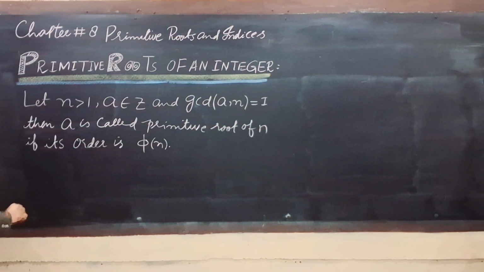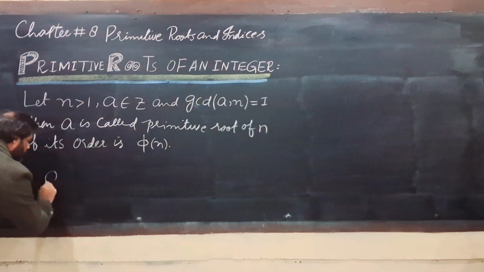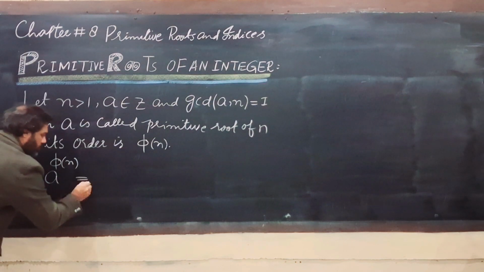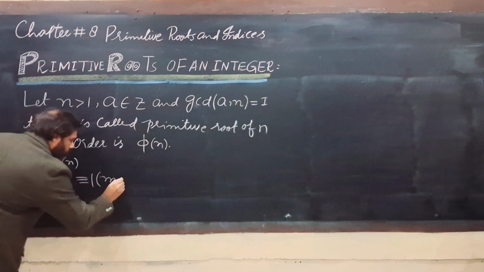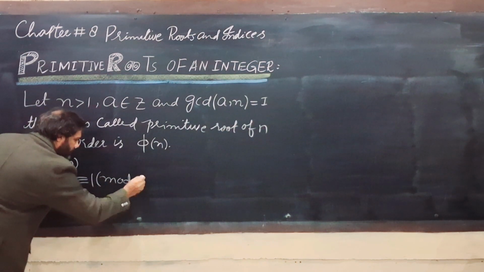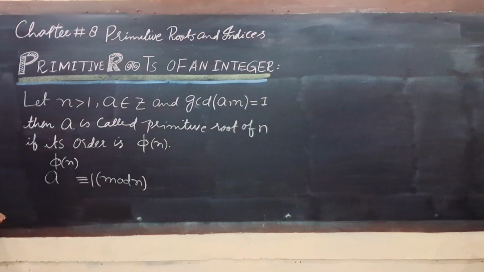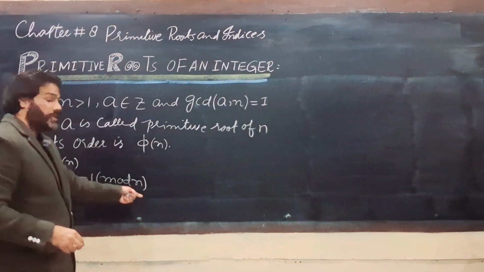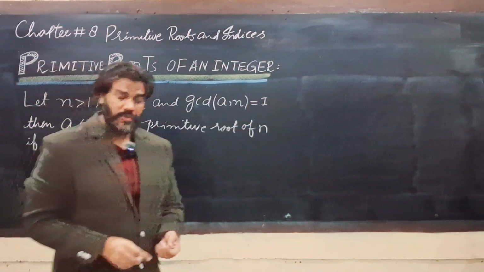In other words, if a raised to power phi of n is congruent to 1 modulo n, then a is called a primitive root of integer n. So this definition is very simple.